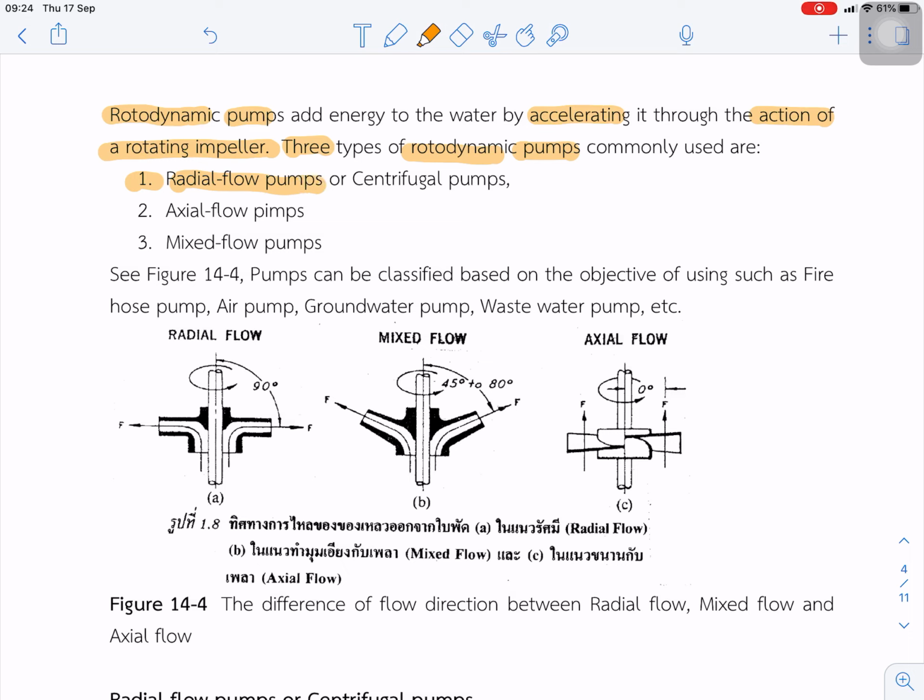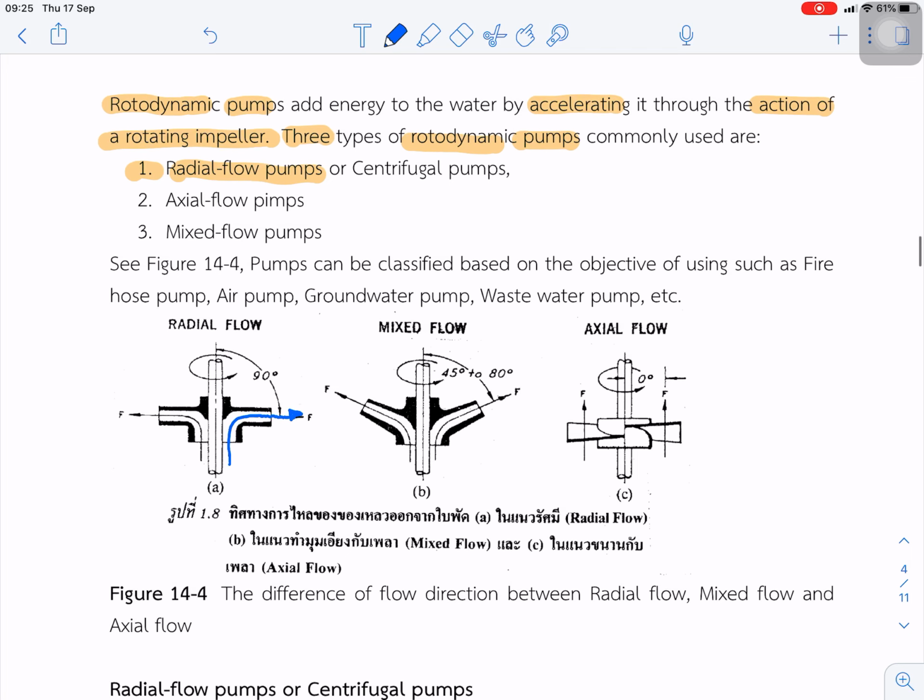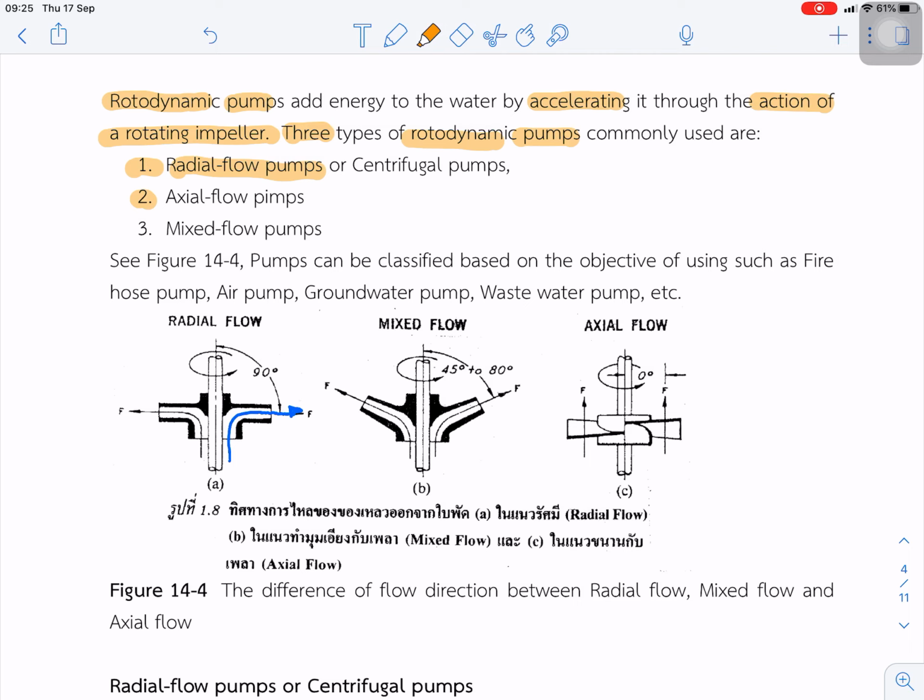The second is the axial flow, which means the flow is parallel to the axis.